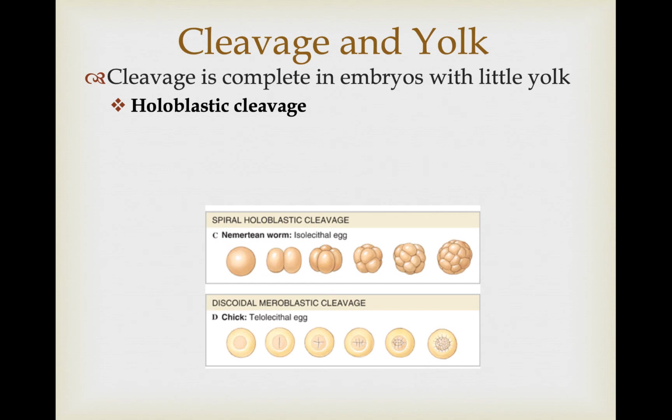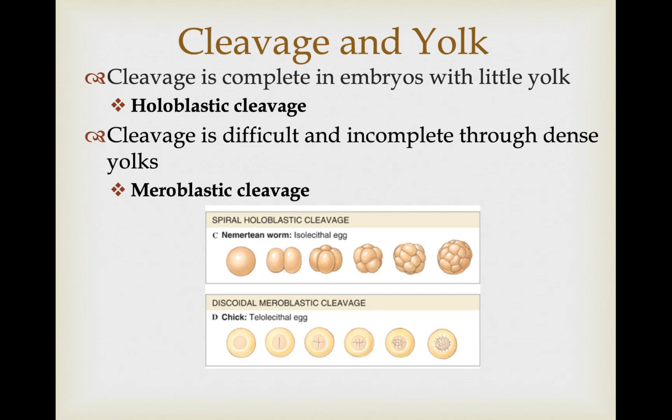Now, we talk about isolecithal, mesolecithal, and telolecithal eggs as categories, but realize it's really a continuum. And so the closer you are to having a true isolecithal egg, the more likely you're to have complete holoblastic cleavage. If you get to the extreme of having telolecithal eggs, it's really difficult for cleavage to make it through all of that yolk, and really there's no point of it anyway.